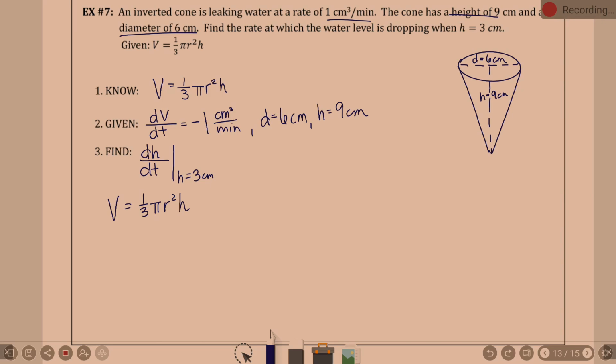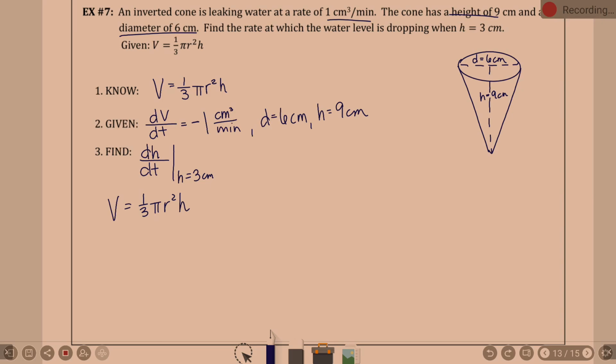Okay, the reason I had this pause here: normally we would differentiate, yes? I said pause before we do that. Because if we look at this, I have an r and an h. When we differentiate, we're going to have an r and an h, a dr/dt and a dh/dt, in addition to dV/dt.